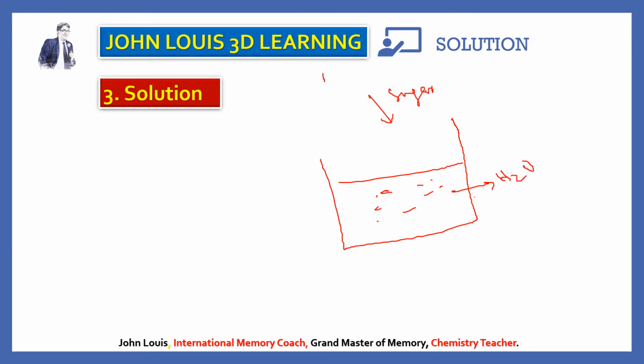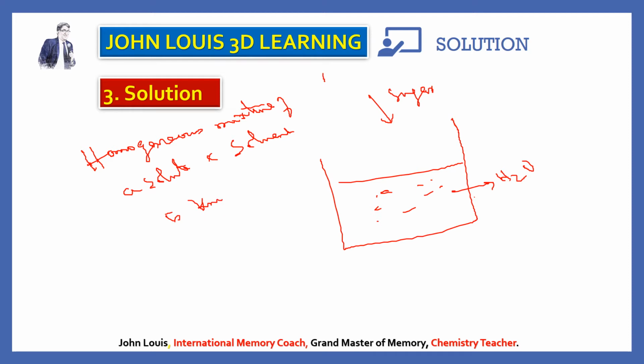A homogeneous mixture of a solute and solvent is known as solution. The number of solutes may be one or more than one, and there may also be more than one solvent.